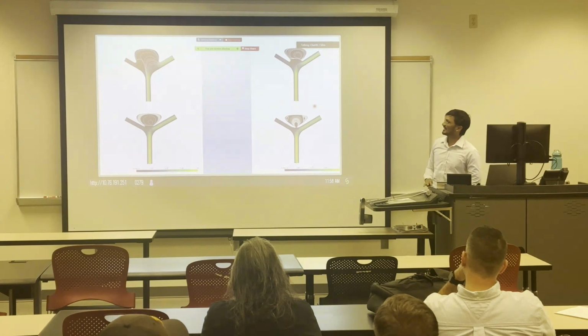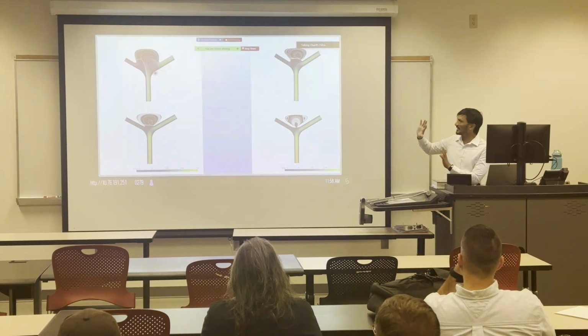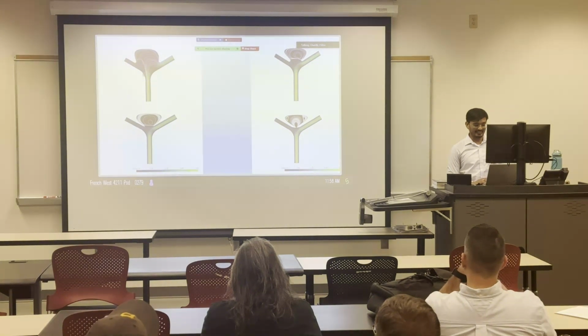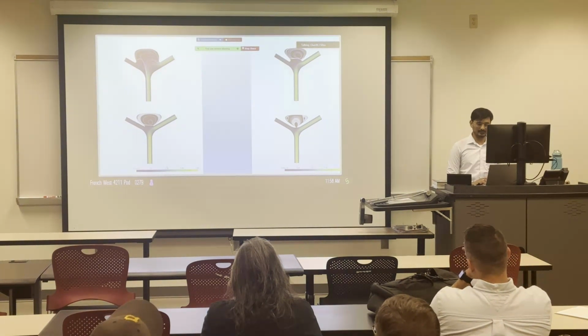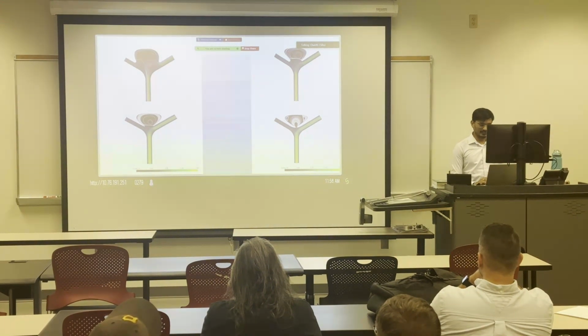So here, this is an example to showcase that. Here, we chose the wide neck aneurysm, and I kept everything the same except for the neck length. And you can clearly see that these are streamlines plotted on a color plot that represents the velocity values. So you can clearly see there is a difference.